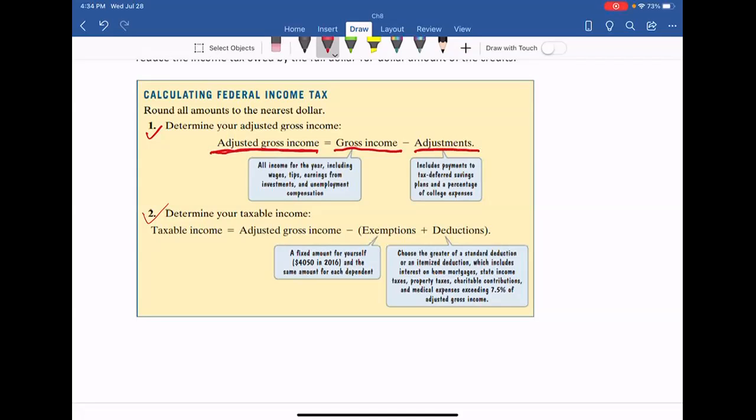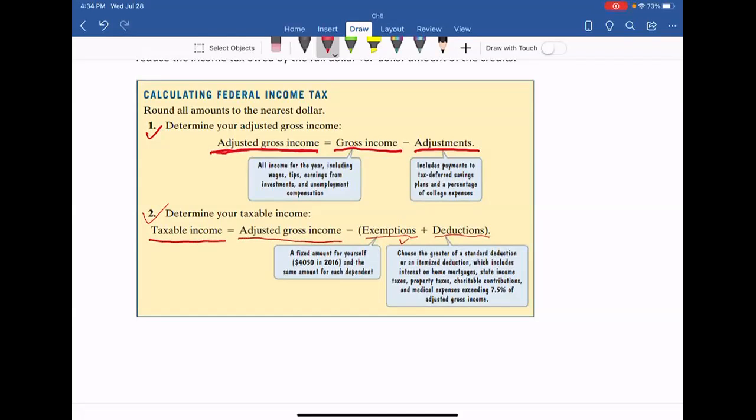Adjustments are things like tax-deferred savings plans, 401K, IRA, and the percentage of college expenses. Next, you must find the taxable income. We learned that's AGI subtract the sum of exemptions and deductions.